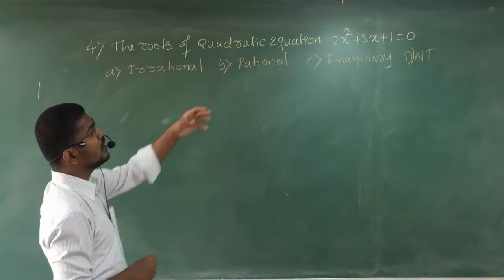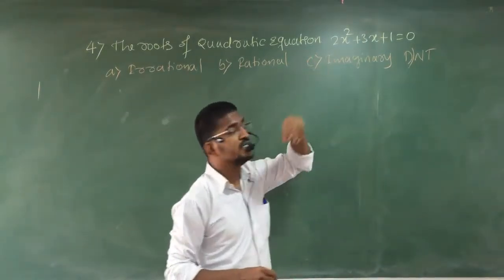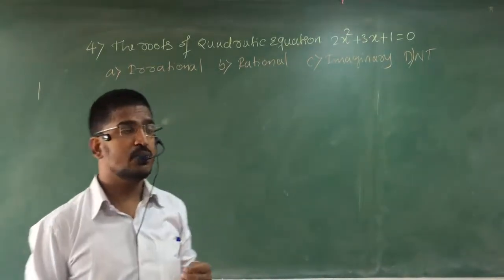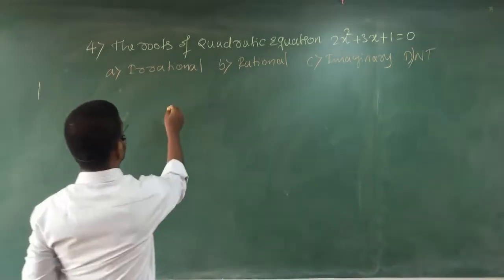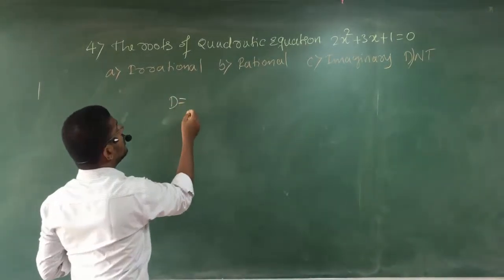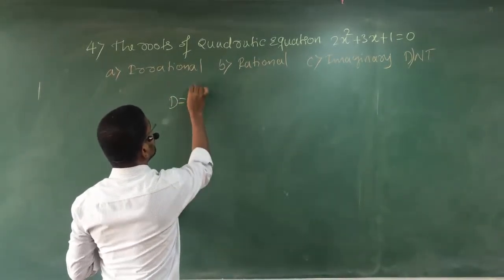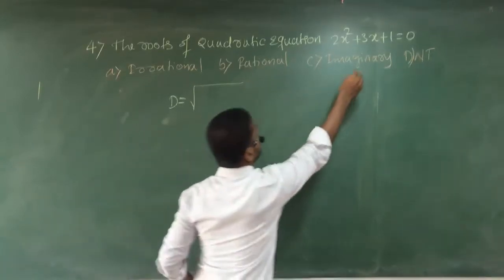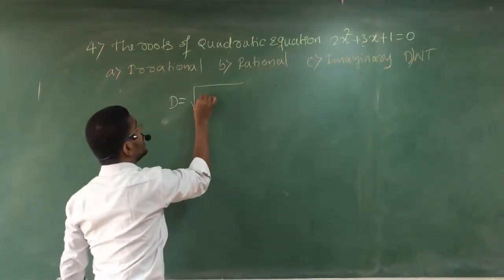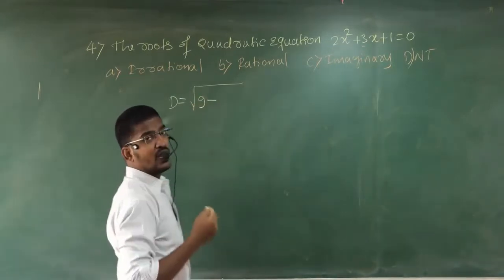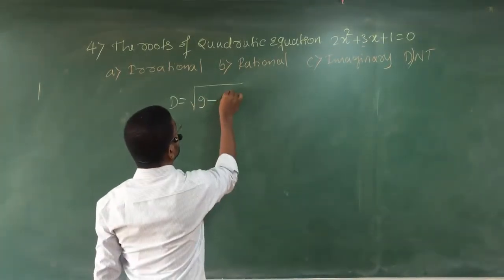So here, first let us solve the discriminant for 2x square plus 3x plus 1. That is D equal to b square minus 4ac. The b term is 3, so b square is 9, minus 4ac, which is 8.